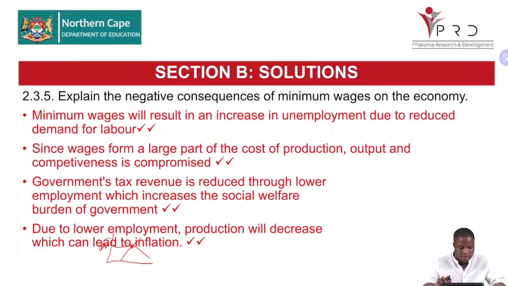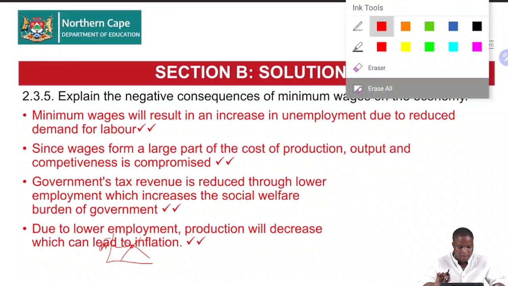Right, let's look at the responses that we have here. Minimum wages will result in an increase in unemployment due to reduced demand for labor. So when the minimum wage is high, they may demand less labor. That will result in unemployment.